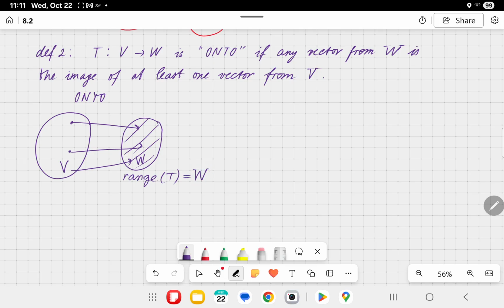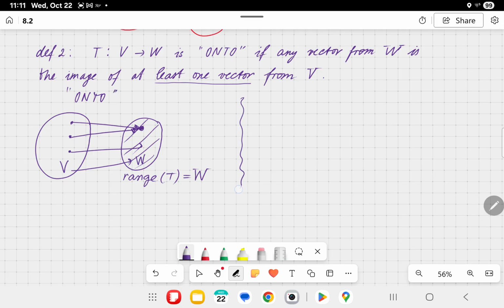It's not necessary that an onto transformation must be one-to-one. You can have two vectors from V going into the same vector in W, because they're telling us there must be at least one vector, but no one says only one vector. You can actually have 5 different vectors going into the same vector in W. What's important is that all vectors in W have something in the back, an original. All vectors in W are images of something. And this is onto, right?